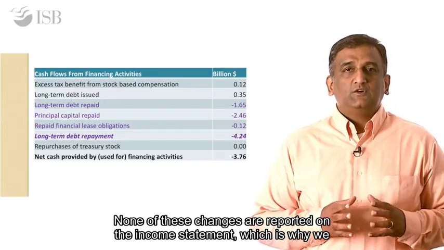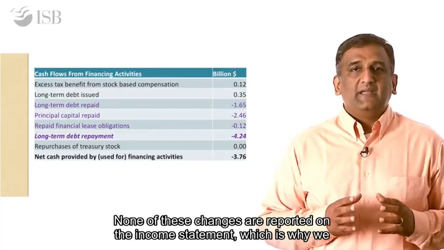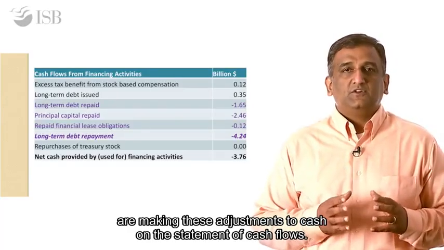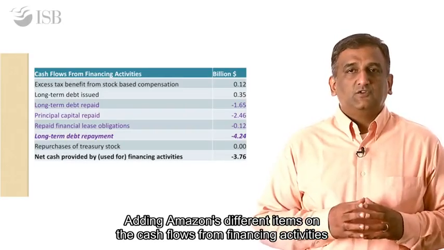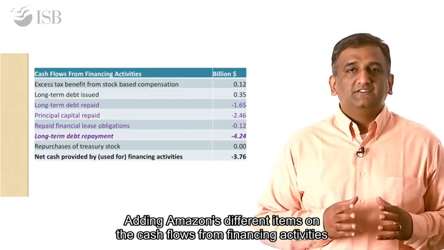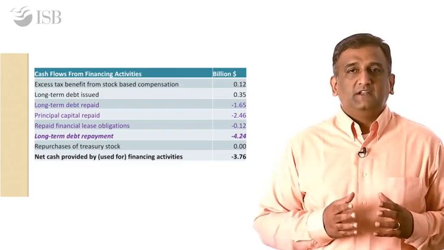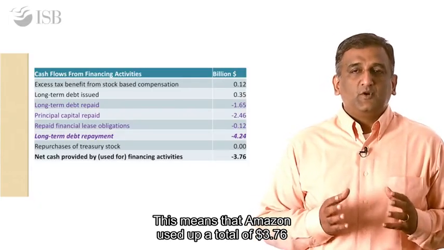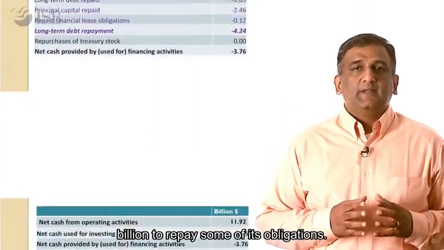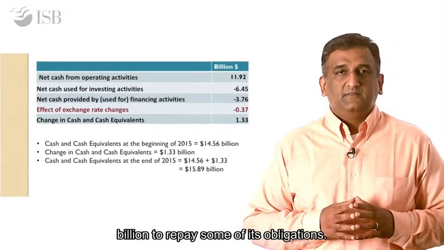None of these changes are reported on the income statement, which is why we are making these adjustments to cash on the statement of cash flows. Adding Amazon's different items under cash flows from financing activities gives us a negative $3.76 billion. This means that Amazon used up a total of $3.76 billion to repay some of its obligations.